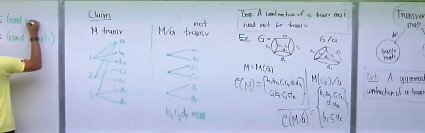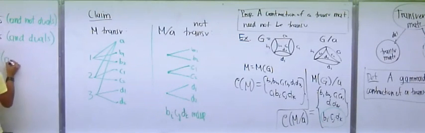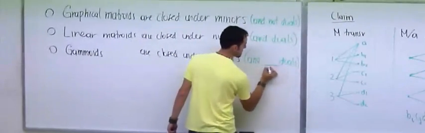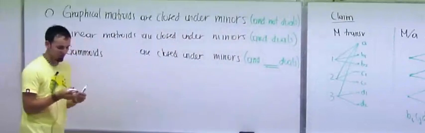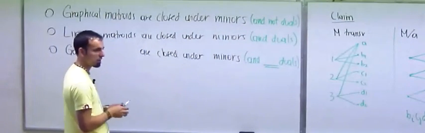But then that immediately raises a question, which is, should I put a not there, or should I not put a not there? Are gamoids closed under taking duals?